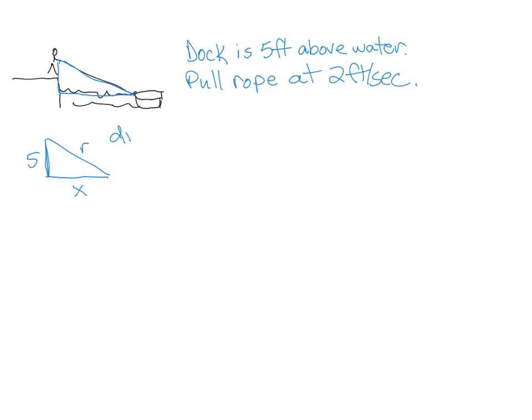So dr/dt, because the length of the rope is changing at 2 feet per second, but the length of the rope is also getting shorter because you're pulling it towards you. So it's decreasing. That makes that negative. That means that the boat is moving, and I want you to find how fast the boat is moving.